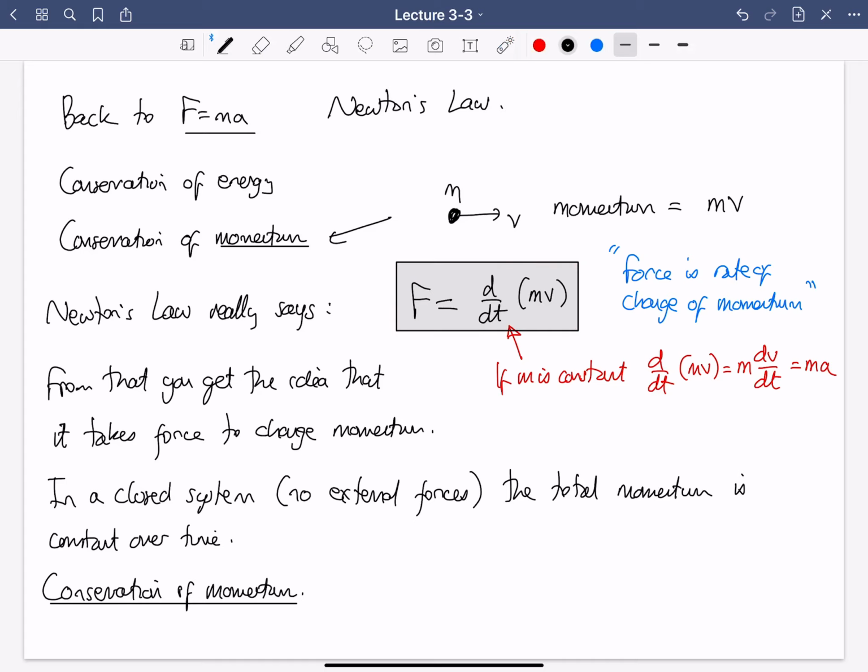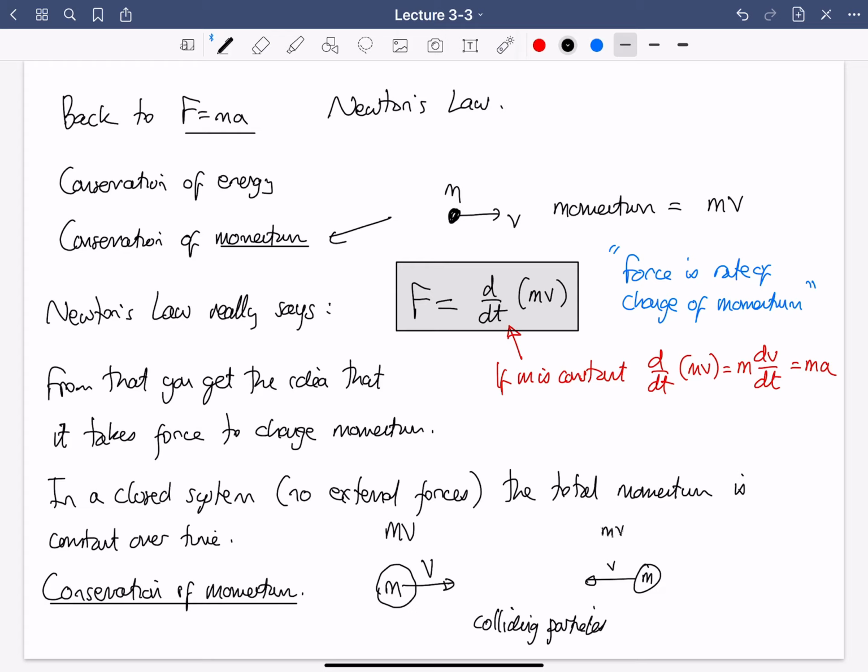When I talked about a closed system, that depends on your perspective, right? A typical thing you often see at this point is some particle of mass M and some other particle of mass little m, and these particles collide. If the first mass is moving at velocity big V, it has momentum M big V. Your second mass might be moving at velocity little v in the other direction, so it's got momentum m little v.